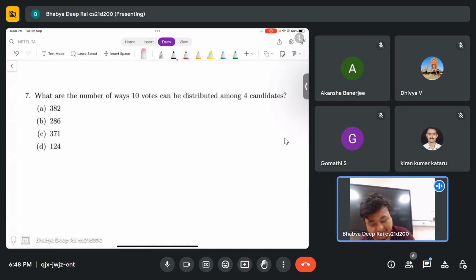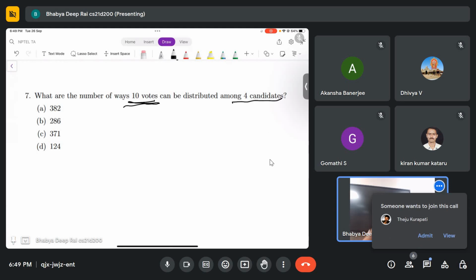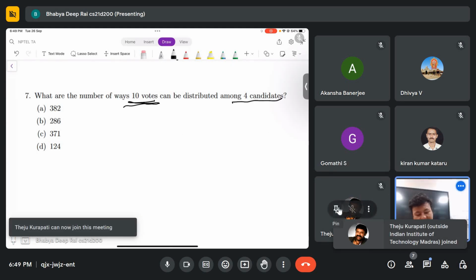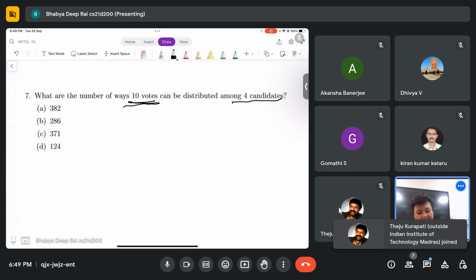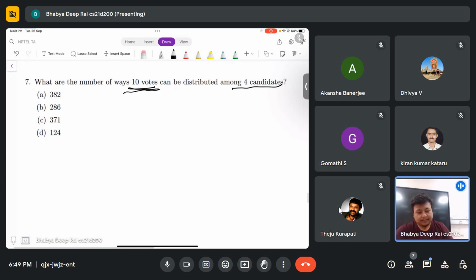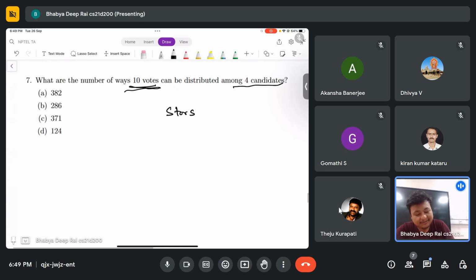So the question says, what are the number of ways in which 10 votes can be distributed among 4 candidates? Now, there are quite a few methods to do it. One popular method is the stars and bars method.